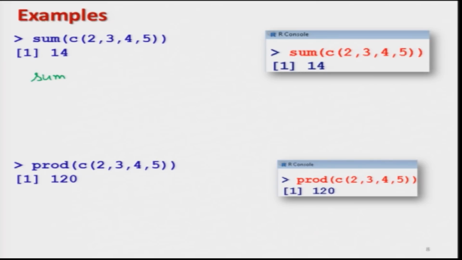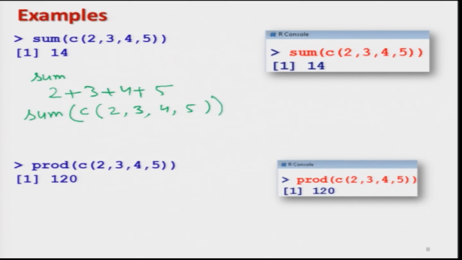For example, in case I want to find out the value of 2 plus 3 plus 4 plus 5, then I can give these values in the form of a data vector consisting of 4 values 2, 3, 4, 5, and then I simply have to write SUM of this data vector, and this will give us the value of 2 plus 3 plus 4 plus 5, that is the summation of all the values inside the data vector, and this value will come out to be 14.